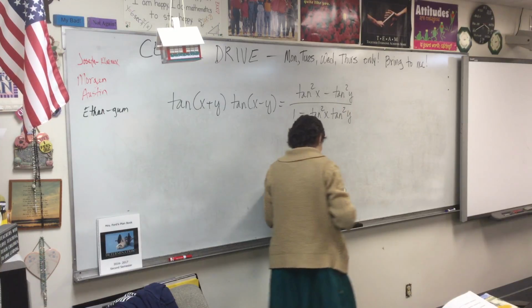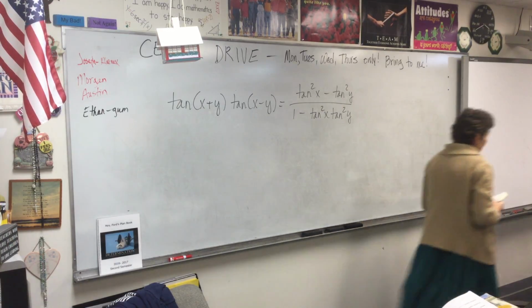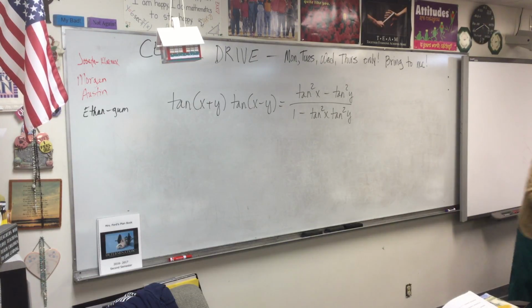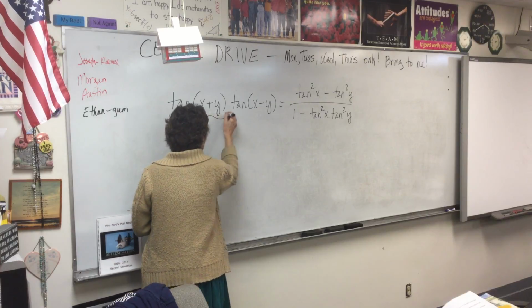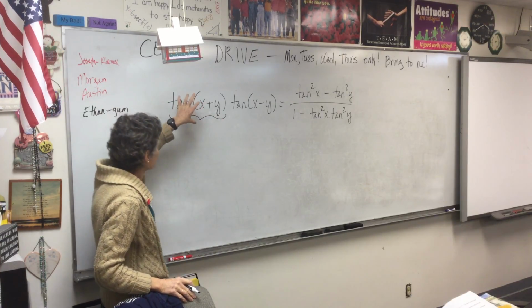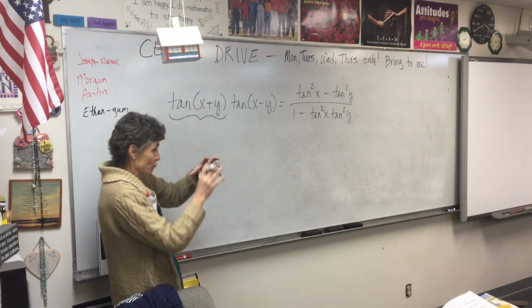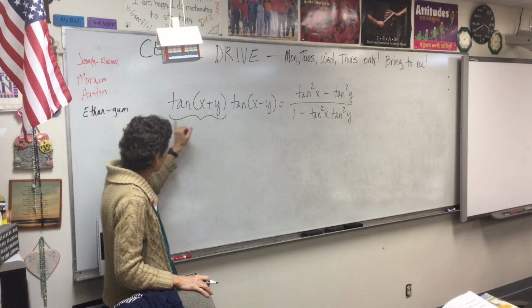Alright, so let's make sure I copied it right. Okay. Now, would you agree that you have an identity for this? You have something that you can expand this, write this out as. What is the tangent of x plus y? Just this part right here.